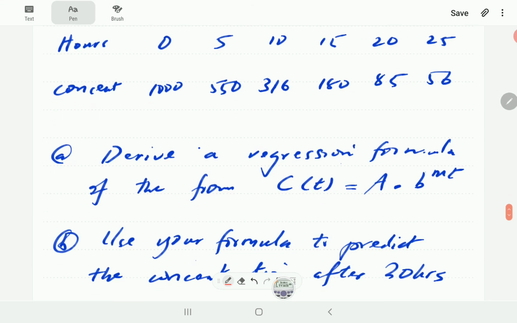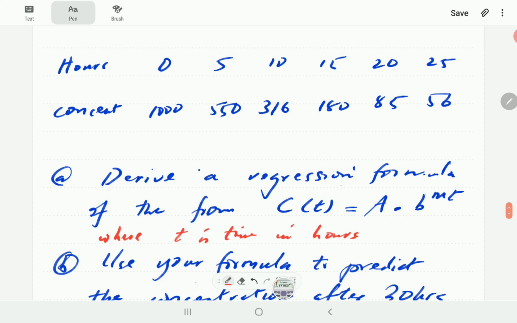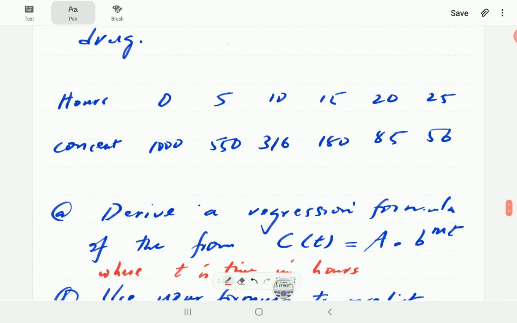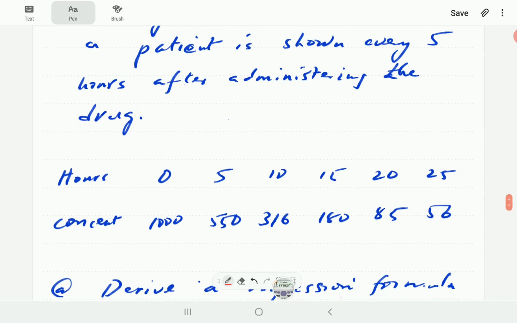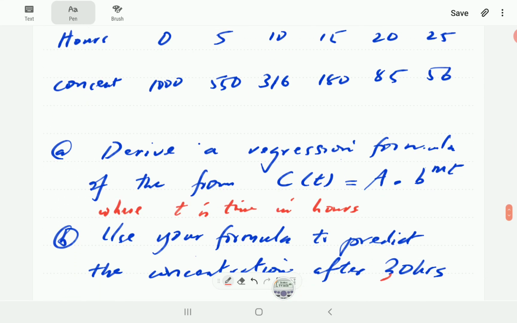You are to derive a regression formula of this form, where t is time in hours, and then use your formula to predict the concentration after 30 hours. If you just want to pause the video, have a go at this, then afterwards when you press play, you can compare with our solution.